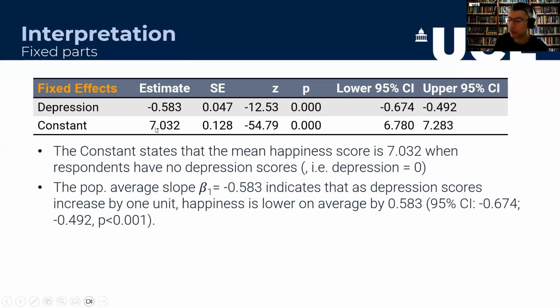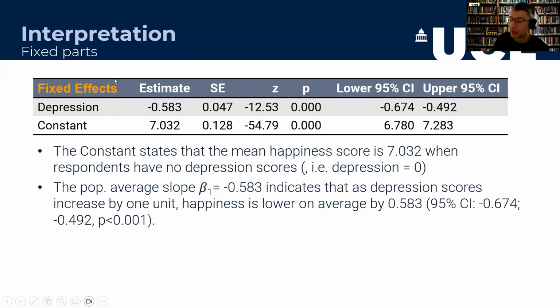So the constant here tells us that for respondents with no depression score, so when depression is equal to 0, the average happiness score across all of the countries is 7.032.